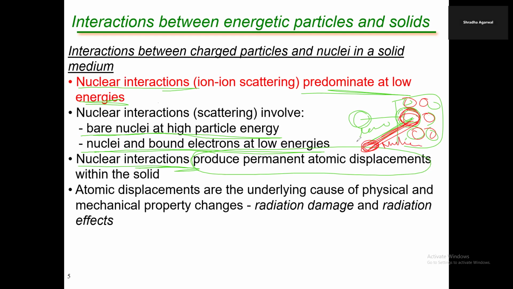So displacement happens due to nuclear stopping power, right? And this displacement is very important because that is about radiation effects in solids. So these nuclear interactions are called permanent atomic displacements. This is one of the main takeaways. Overall, if I ask you to displace it with the electrons, you won't be able to, right?